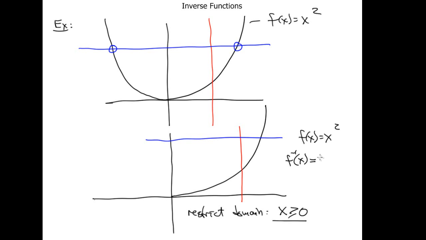It's the square root of the absolute value of x, but since x is positive, it's just the same thing as the square root of x.